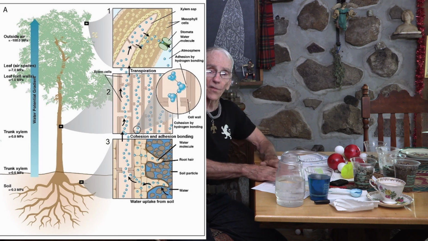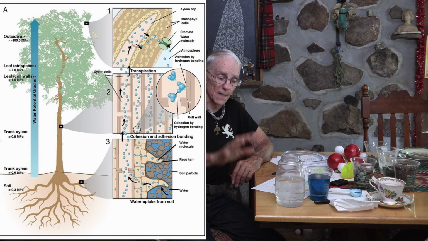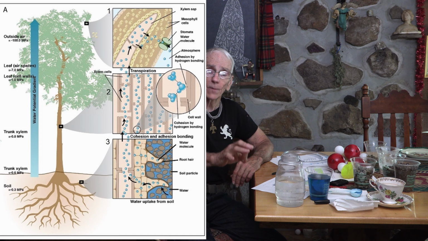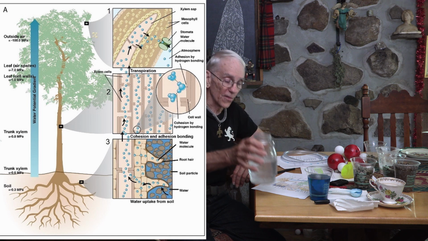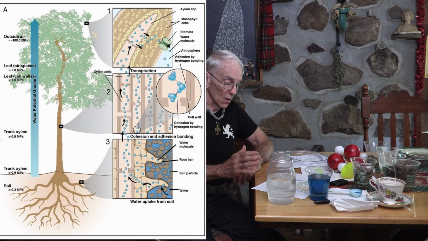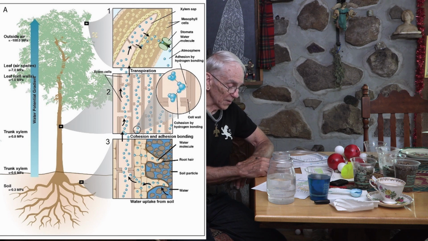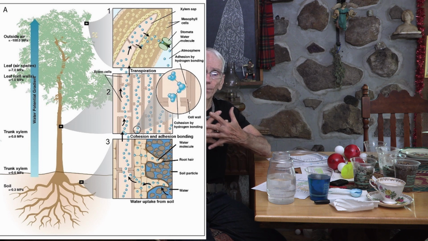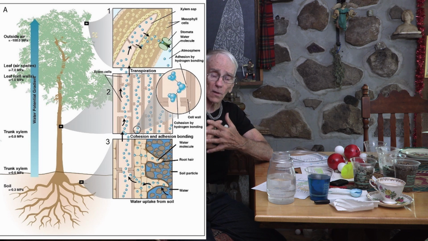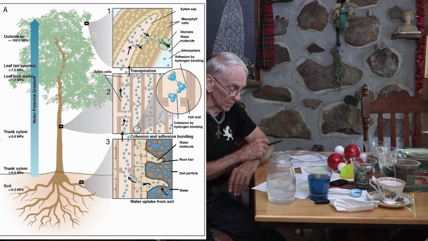Just understand that that is a number referencing the potential energy of the water in that soil. It's a negative number, so we know that is lower than that reference pure water at the soil surface of 0. So we know we're starting with a negative number, which means there is some holding of water in the soil by those soil particles and the effect of gravity and the attraction to organic compounds in the soil.